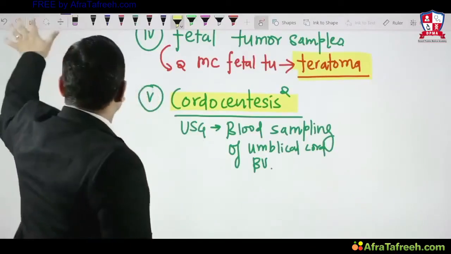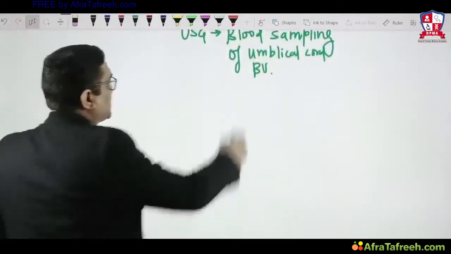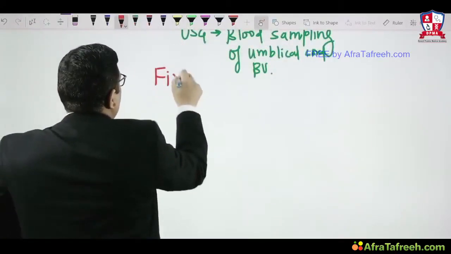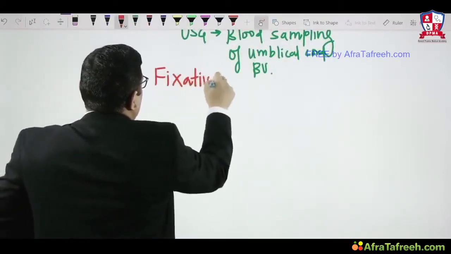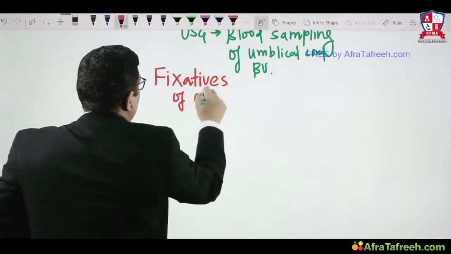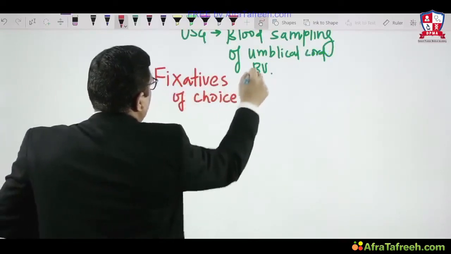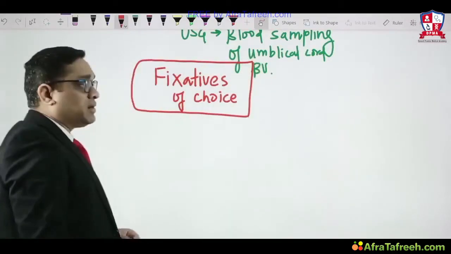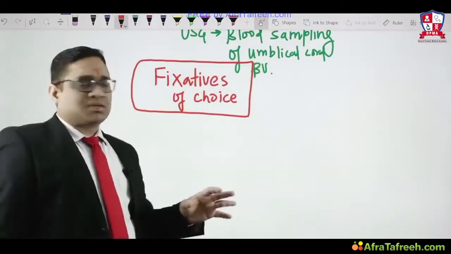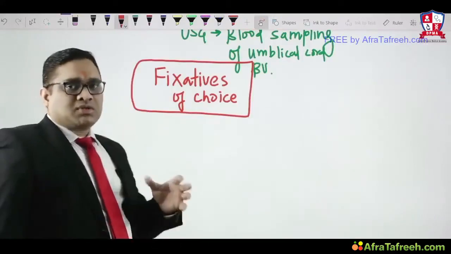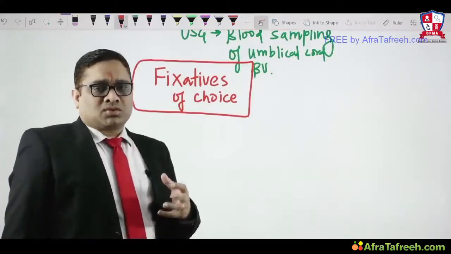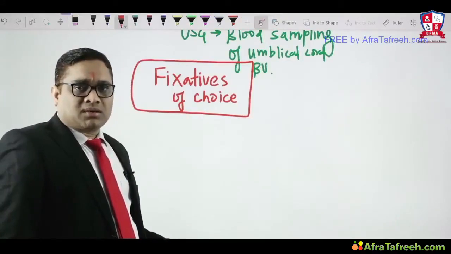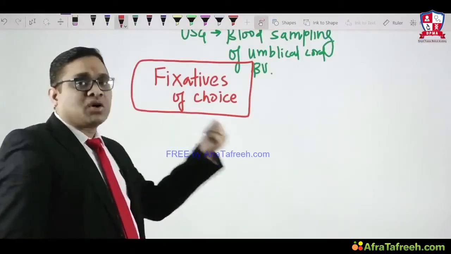Fixatives of choice is a topic which is nowadays very frequently asked in all exams: AIIMS, All India, PGI. So I am taking out some time to tell you all the important MCQs which the examiner can ask from this topic called fixatives of choice.